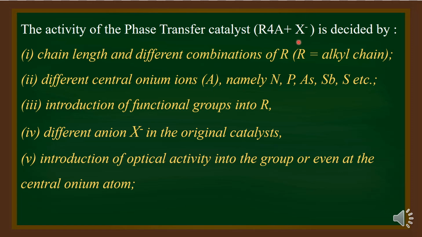And then the nature of X- that is present here is another important factor that is deciding the catalytic property of the molecule. Introduction of chiral centers into this group R or making the central ion itself a chiral one is also another factor that is altering the catalytic property of this molecule.